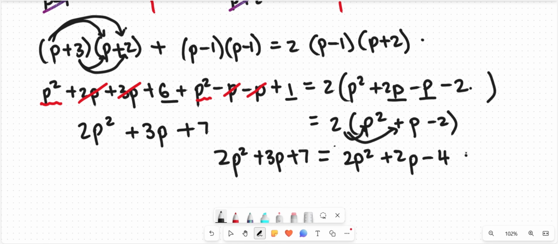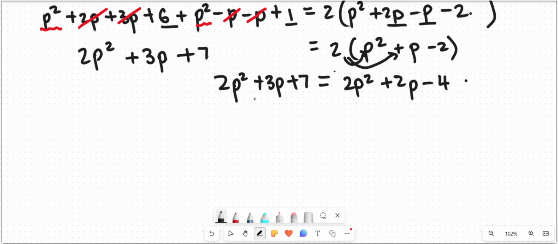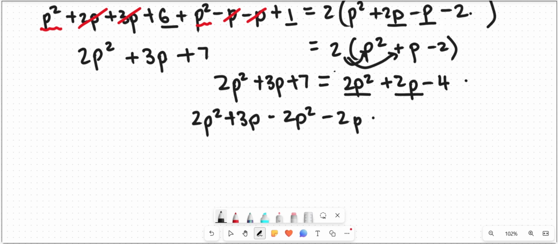Then at this point, you just collect your like terms. So I'm going to bring all the P's onto the left-hand side, even the ones with the squared. So I have a 2P squared plus a 3P minus a 2P squared minus a 2P.